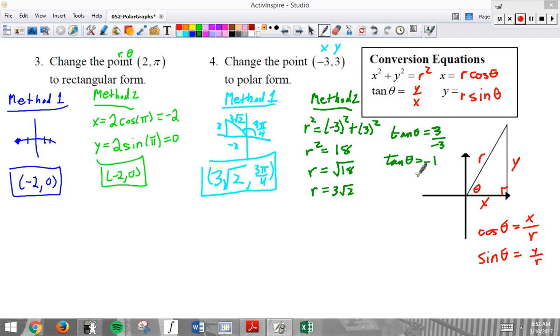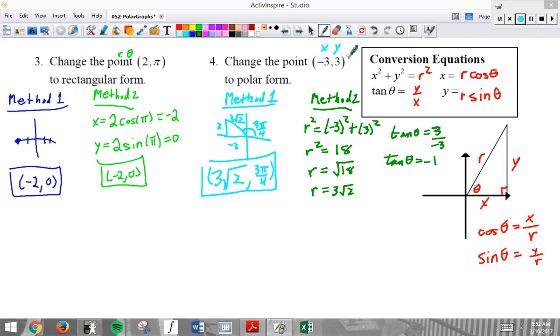So you need to think carefully about how you would have this situation where x is negative and y is positive. And what angle would that have to be? You have to think carefully because this has at least 2 solutions. One of them is what you want. One of them is not what you want.